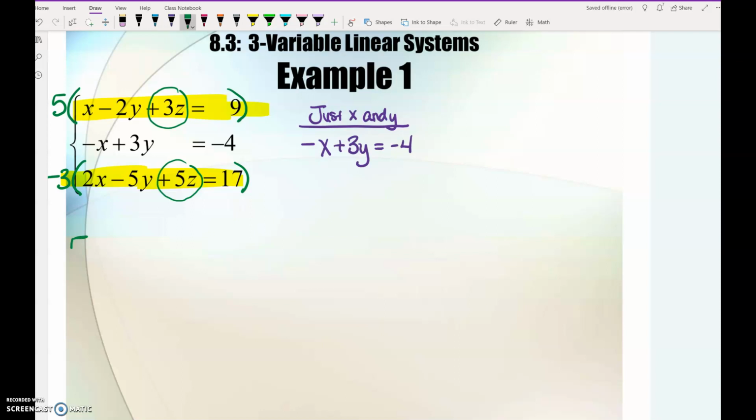That would give us 5x minus 10y plus 15z equals 45. And -6x plus 15y minus 15z equals negative 51.